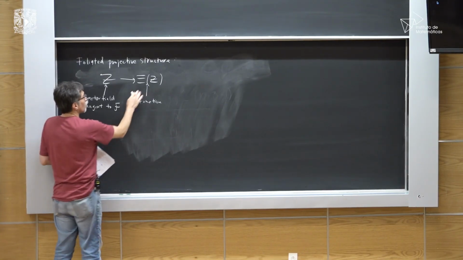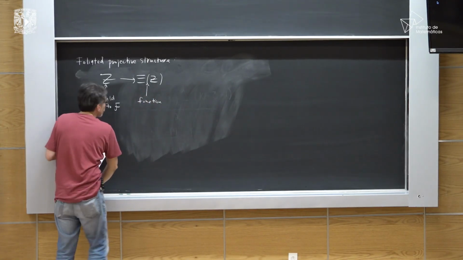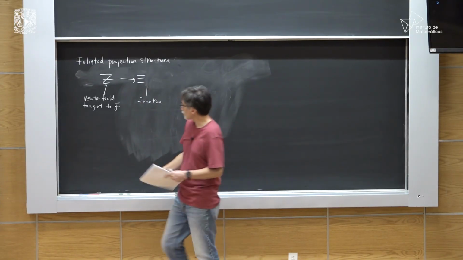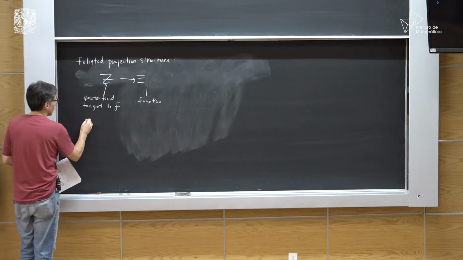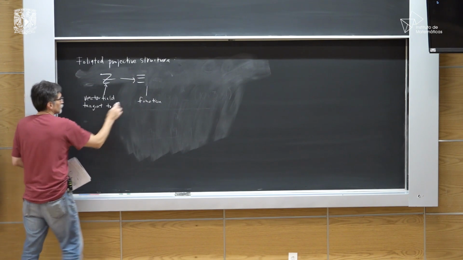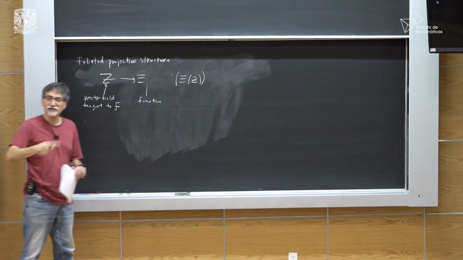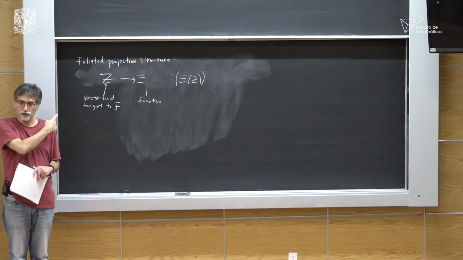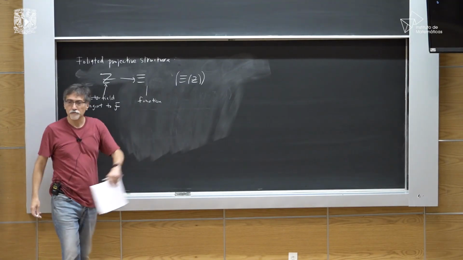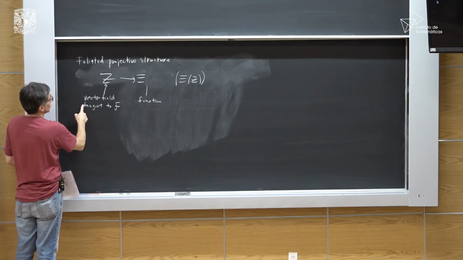It's a function C of Z, so it's a function that depends on Z. Different vector fields tangent to the foliation will give you different functions, and that's why I write C of Z. Here Z is a vector field.